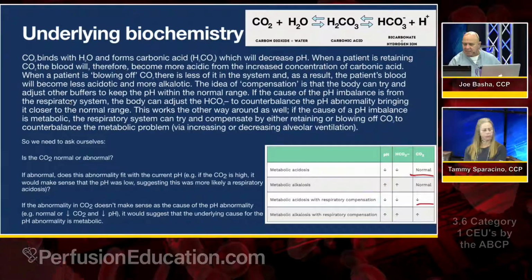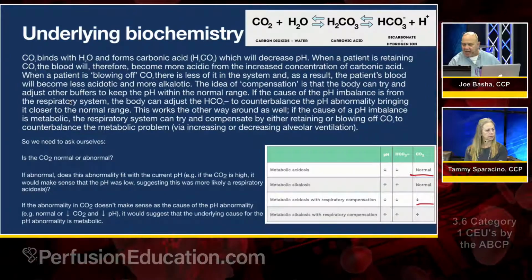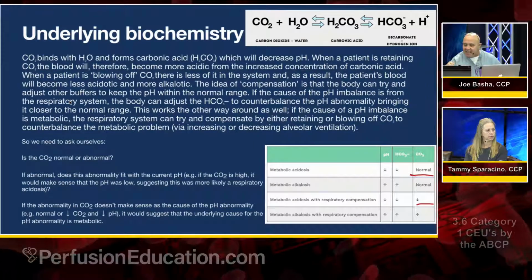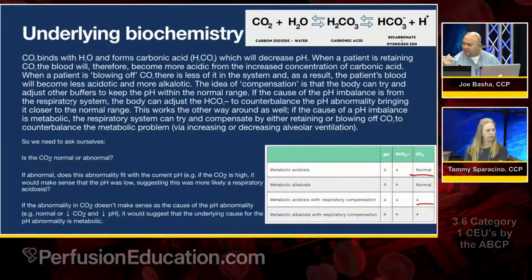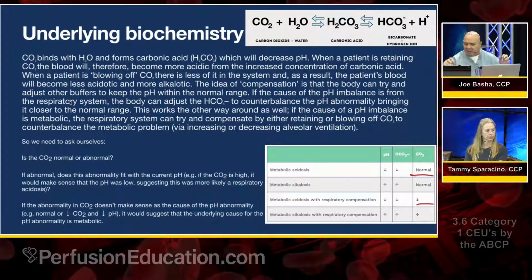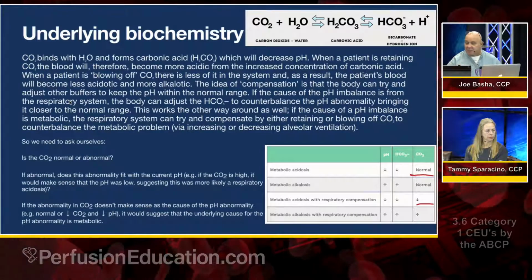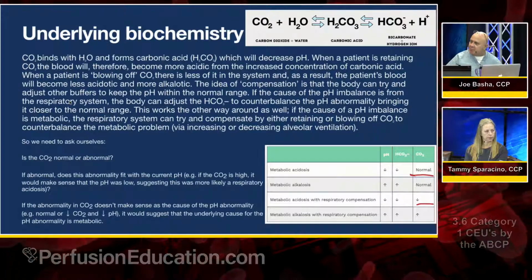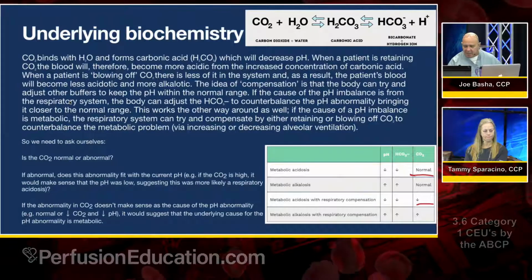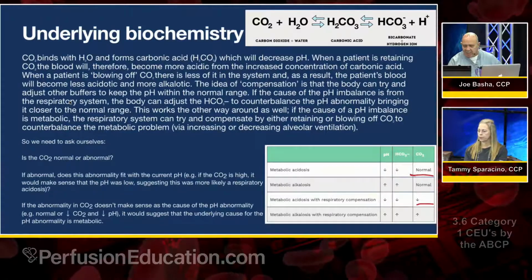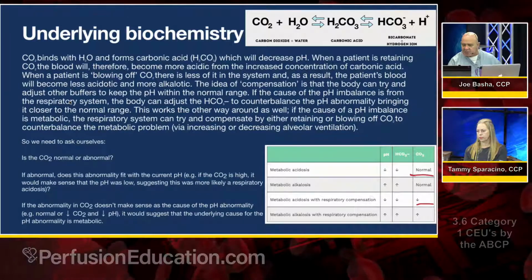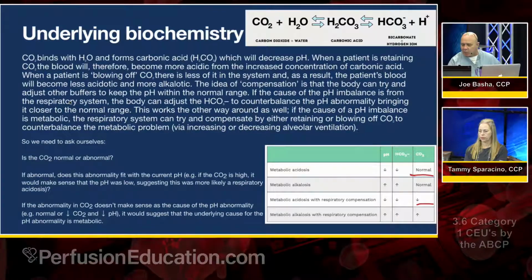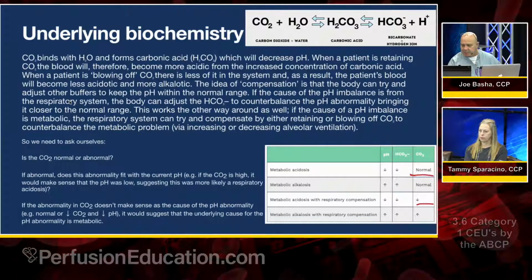In other words, if the CO2 is high, it would make sense that the pH was low. Remember my little formula: if the PCO2 is 50, you expect the pH to be 7.3. It would make sense that pH was low, suggesting this was more likely a respiratory acidosis.